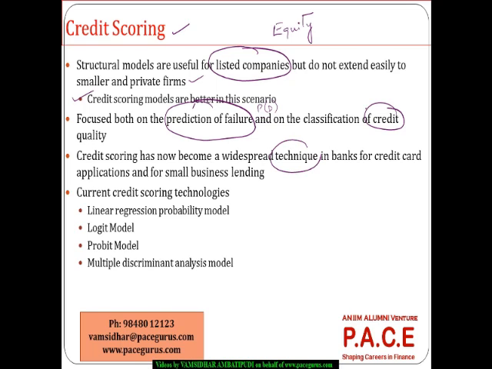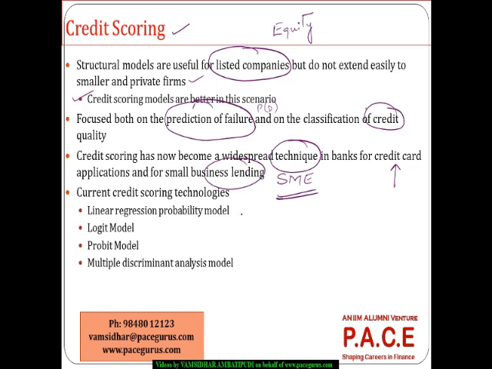Today it's one of the most widespread techniques used by banks, especially at the individual retail level. For processing credit card applications, the credit scoring model is the most heavily used one. Even for small to medium enterprise lending, credit scoring models are still the most heavily used. So we are going to look at different kinds of mechanisms.